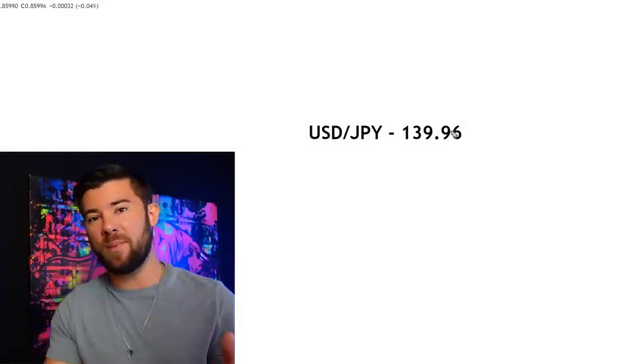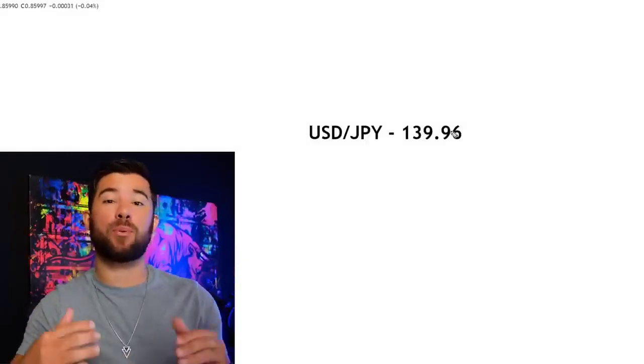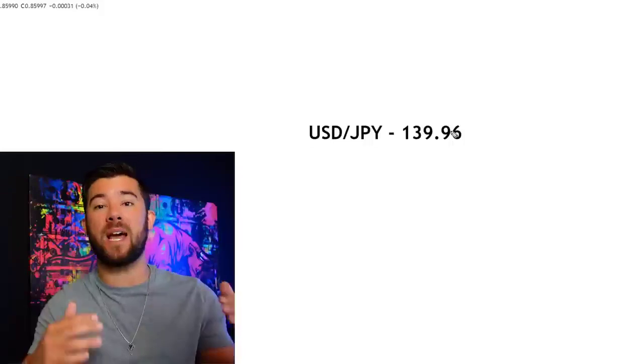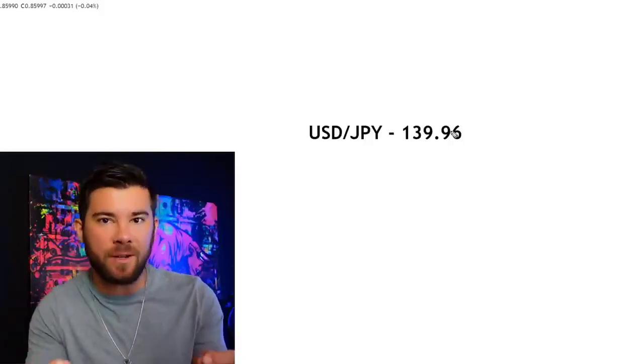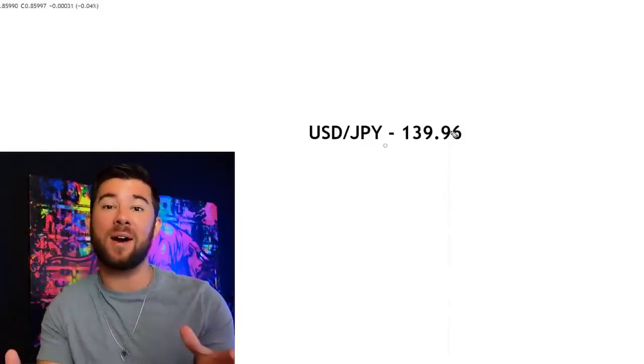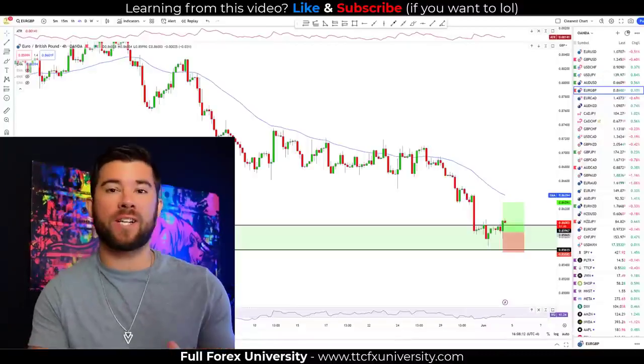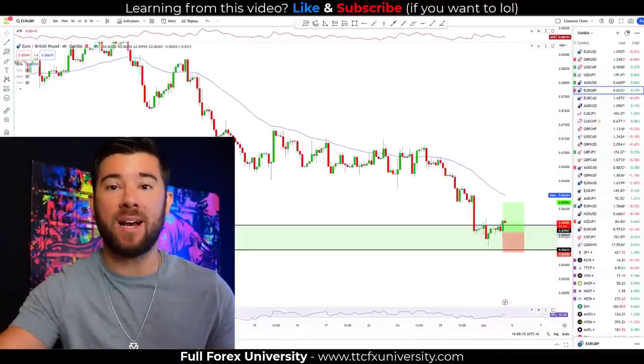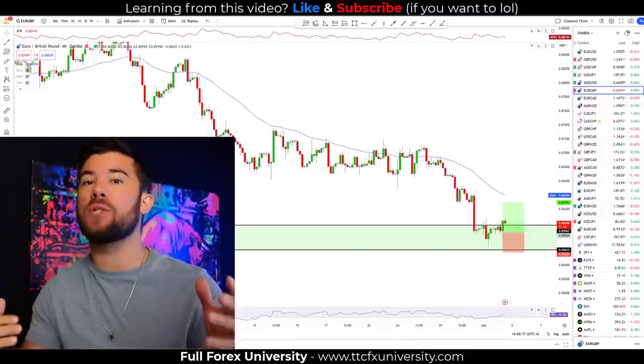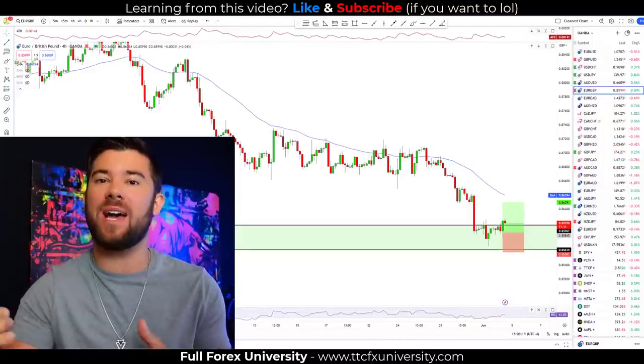So now that you know what a pip is and how we can determine how much prices of a currency pair have gone up and down by using pips, what is a pip worth? How to calculate the value of a pip is what we're going to take a look at right now. While in a trade in the Forex market, as the market moves up and down, we're obviously making and losing money depending on what position we have on.